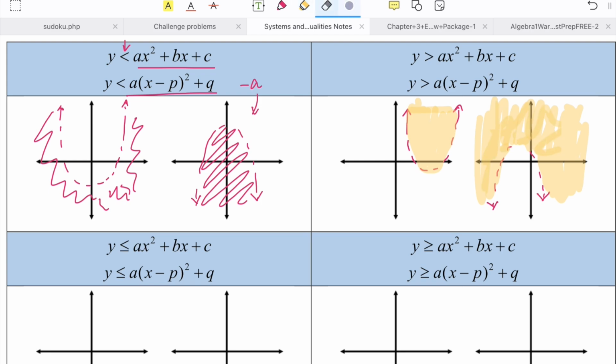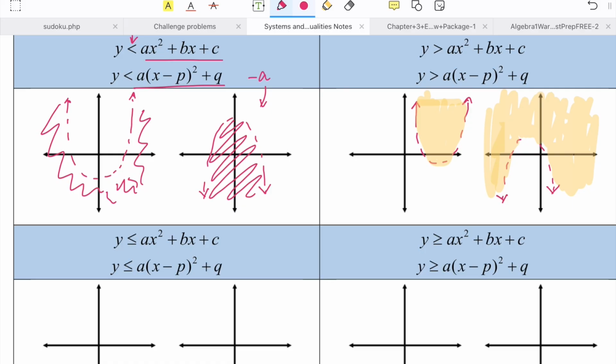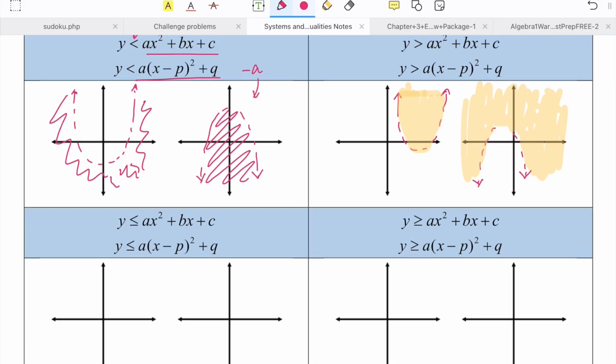Now, less than or equal to, so that means it's going to be solid, and it'll be above or below? Good. So we draw a parabola. It can be anywhere, right? We don't know our vertex, so because it's below, it'll be shaded over here, and it'll be shaded over here.